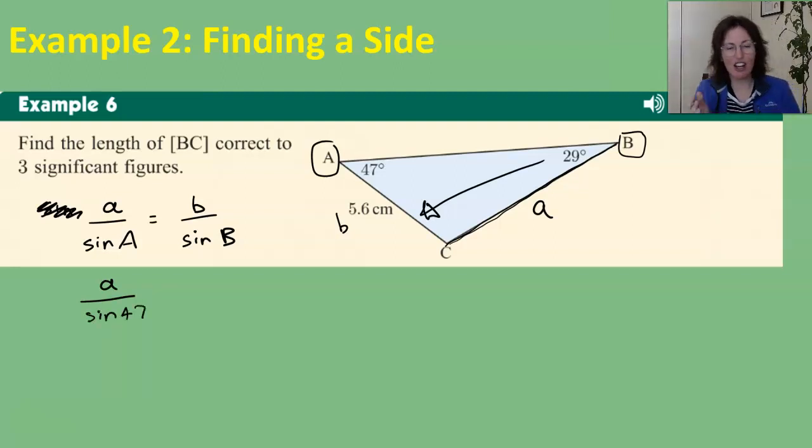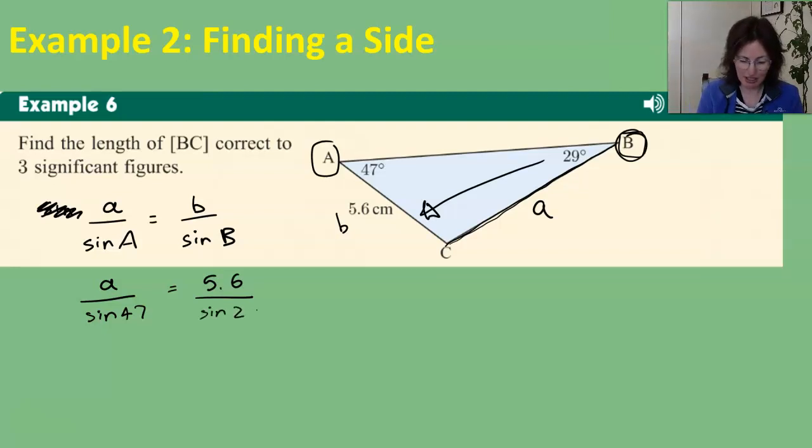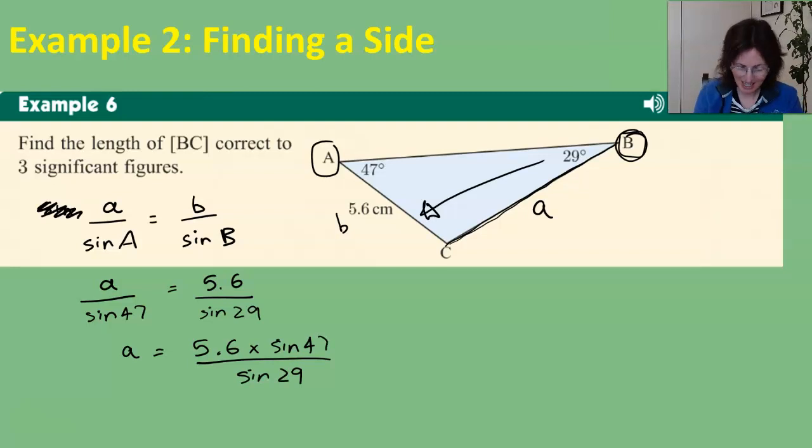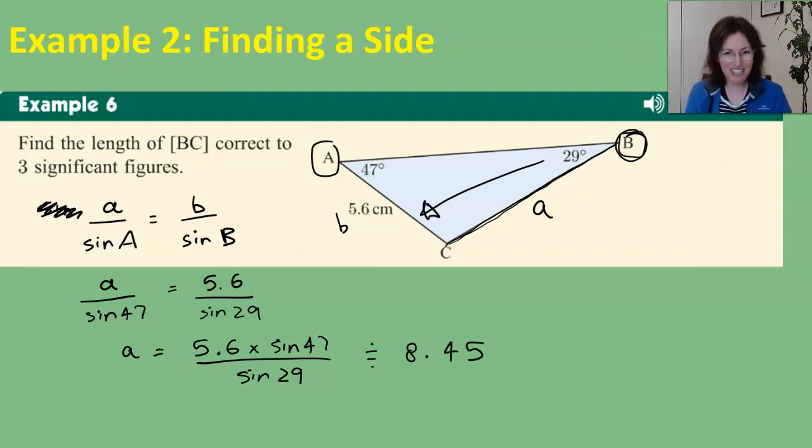We say sine, I know it looks like sin, I guess it's short for that S-I-N-E. b is 5.6, and sine of angle B is sine of 29. Rearrange that where you multiply the numerator on the other side through by sine of 47 all over sine of 29. Working that out, it comes out to be approximately 8.45 it would round to on your calculator.